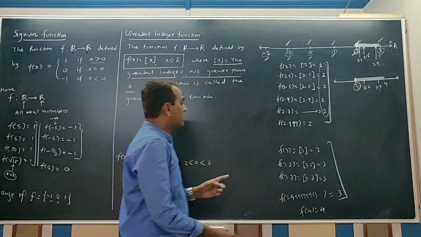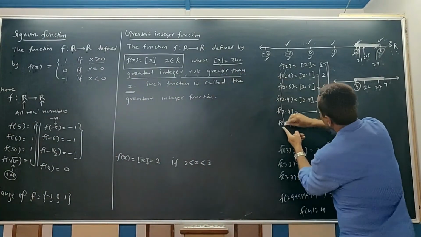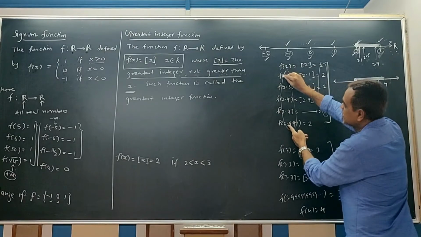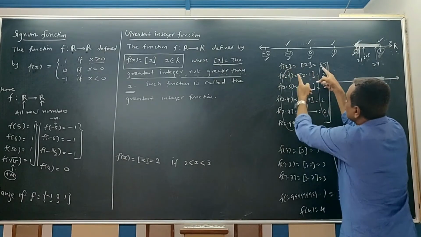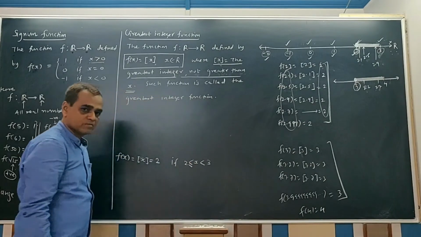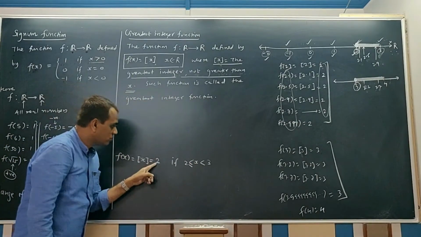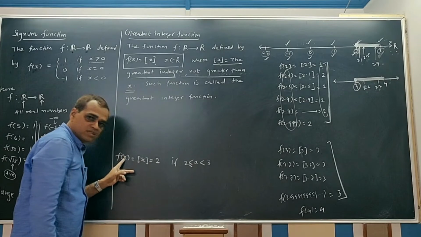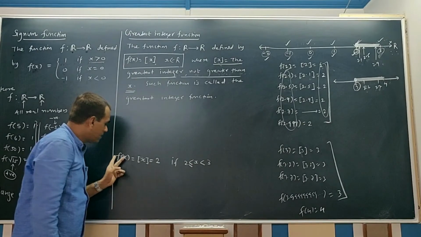So these values are from 2 to 3, and for x equal to 2 also the output is 2, so we can join here 2. f of 2 is 2, but we can't join 3. You can't take 3 because f of 3 is not 2.